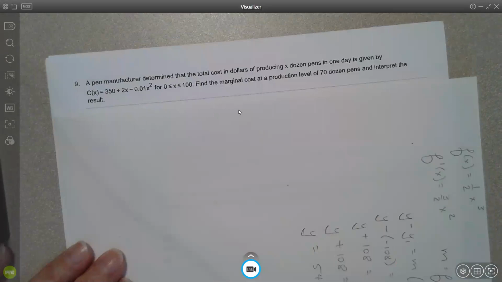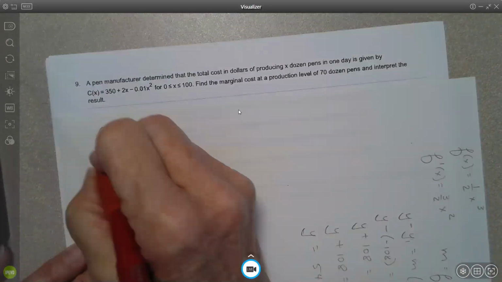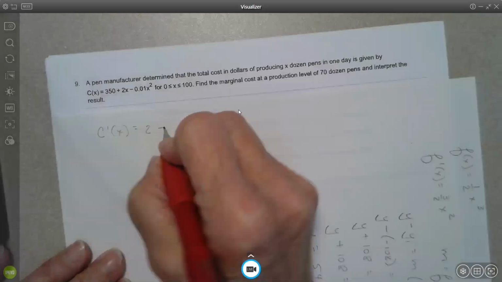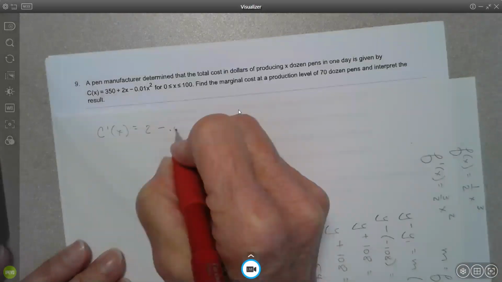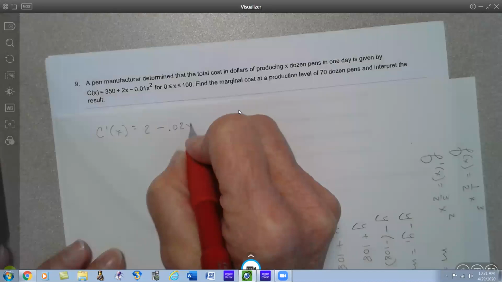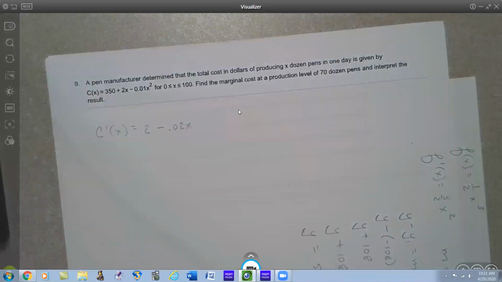So let's go find C prime of X. Let me make sure I did that right. So marginal cost at a production of 70 dozen pens.